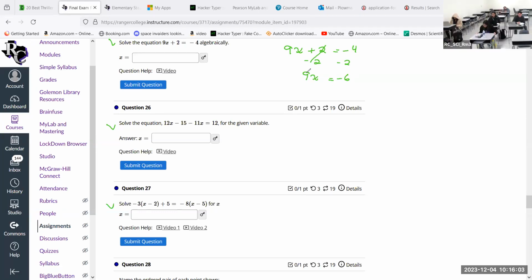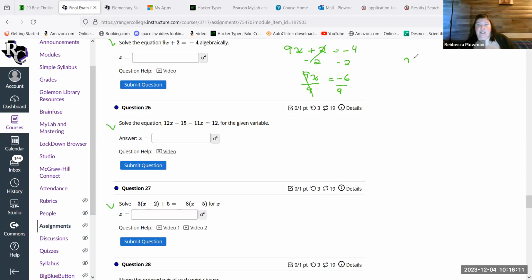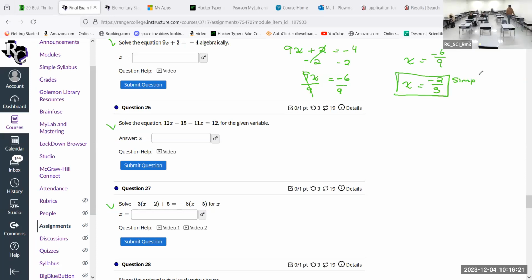And then in this case, I have 9x. I want to get rid of that 9 because it's multiplied. I have to divide to get rid of it. So we're left with x is -6/9, or you'd say x is -2/3.